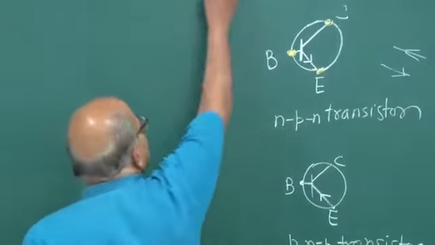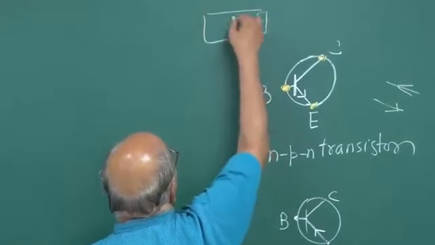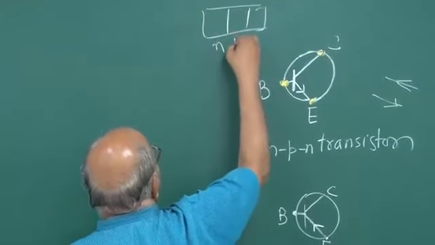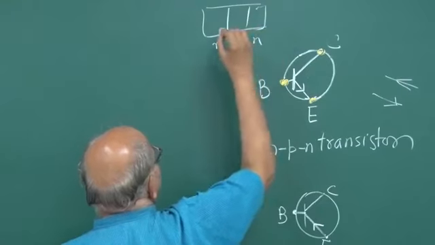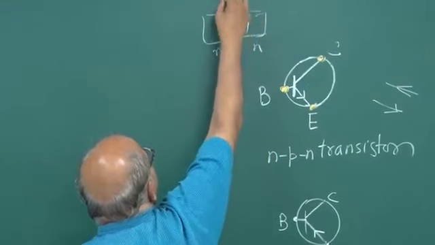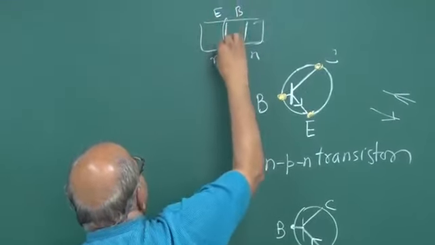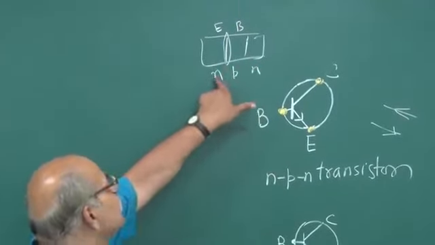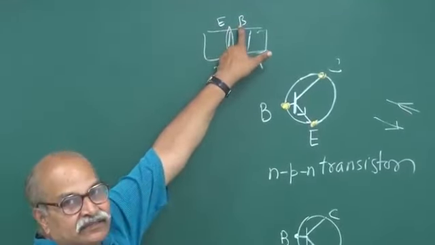If you think of this diagram, if this is P, this is N, this is P, this is N, and if this is base and this is emitter, then the PN junction here is between emitter and the base.